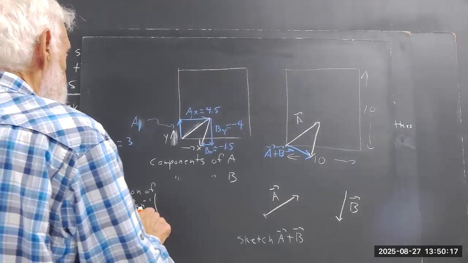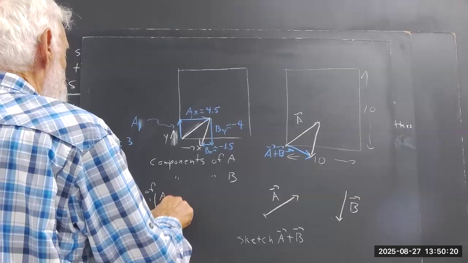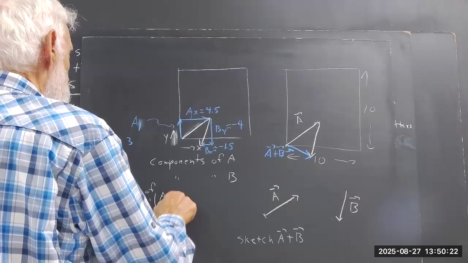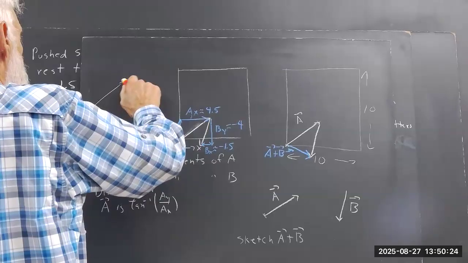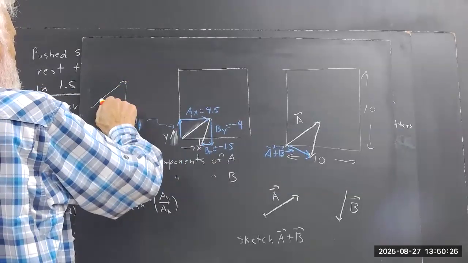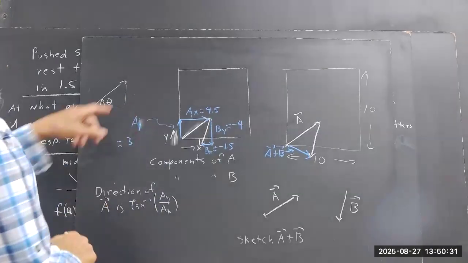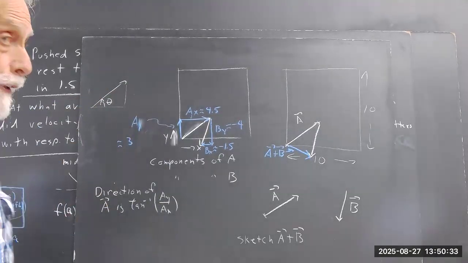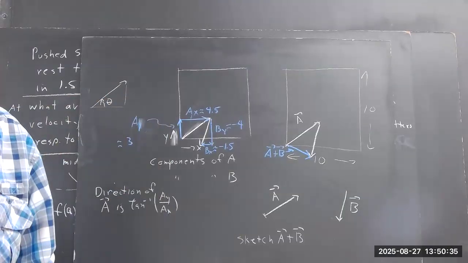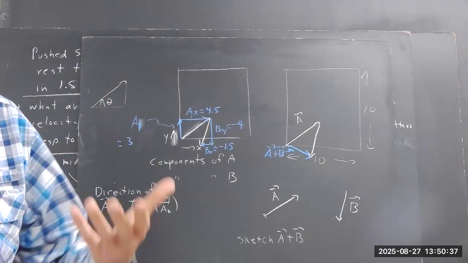It's the arc tangent of AY over AX. Because, if I draw A here, this is theta, then AY is the opposite side, and AX is the adjacent side, and the tangent is opposite over adjacent.